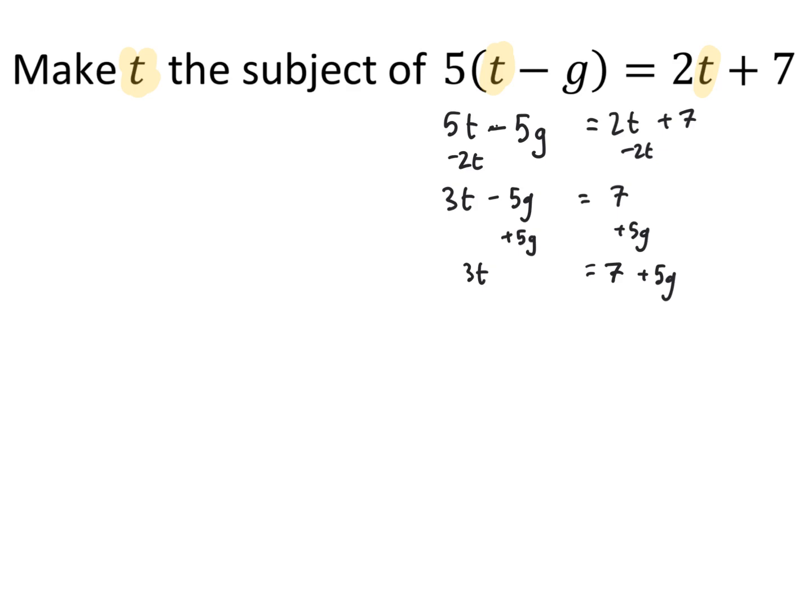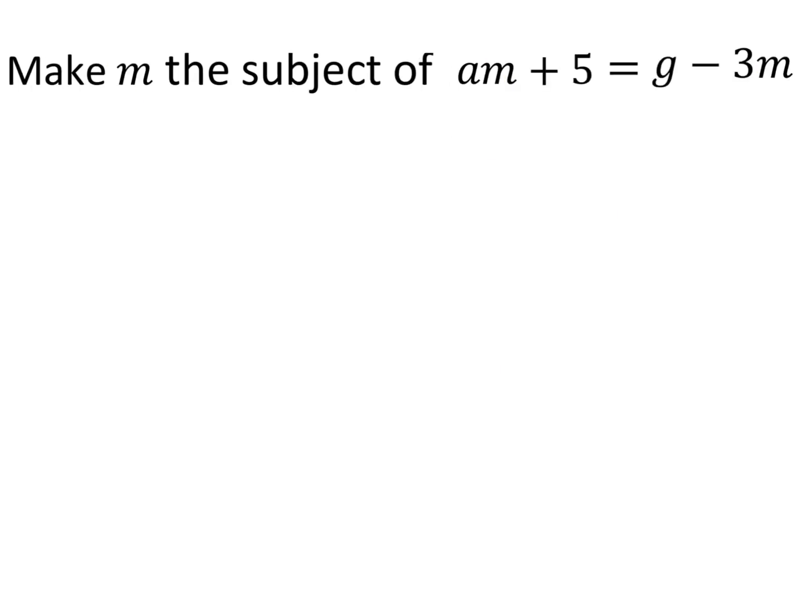All that remains to be done here is to divide the left hand side by 3 and the right hand side by 3 to get me a single t equals 7 plus 5g all over 3. We've ended up with a single letter t on the left hand side and all our other terms on the right. Now that's nice and straightforward.